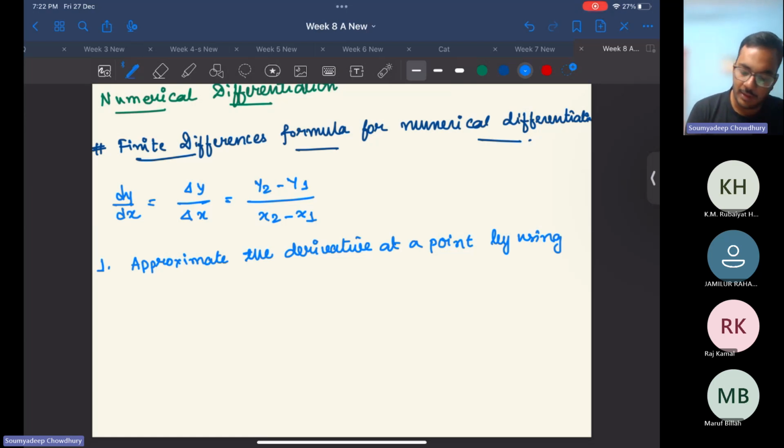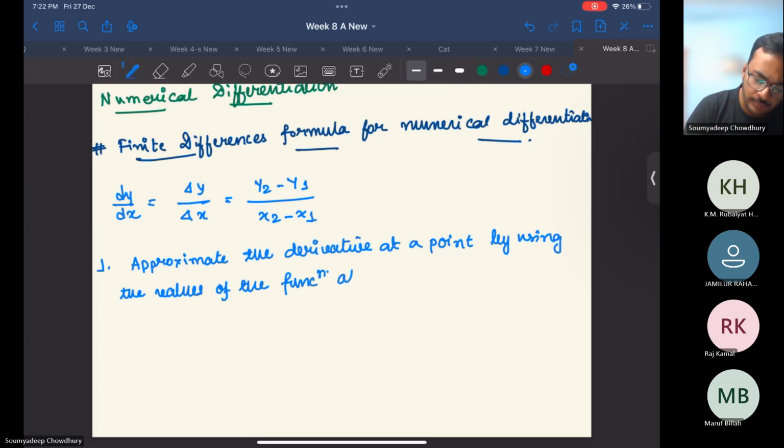So we approximate the derivative at a point by using the values of the function at the neighboring points.